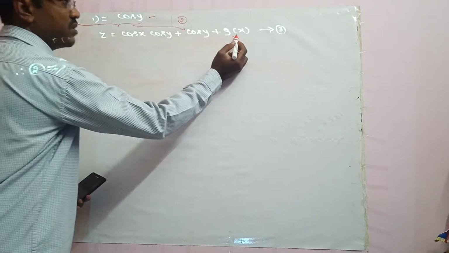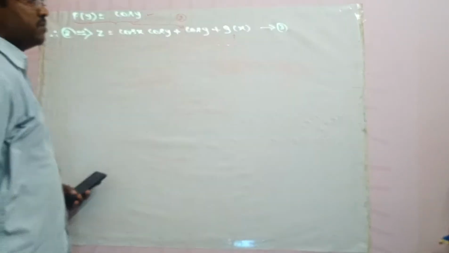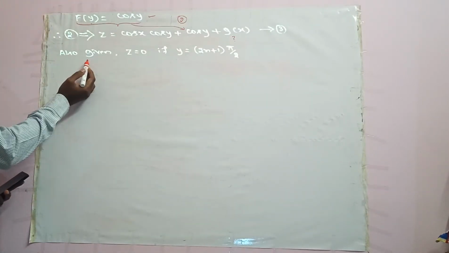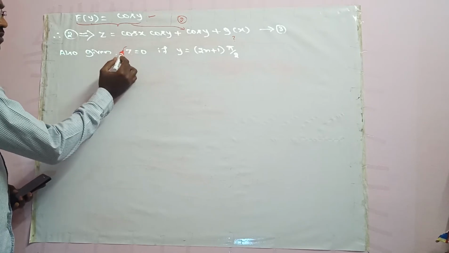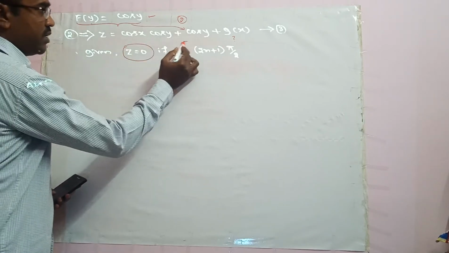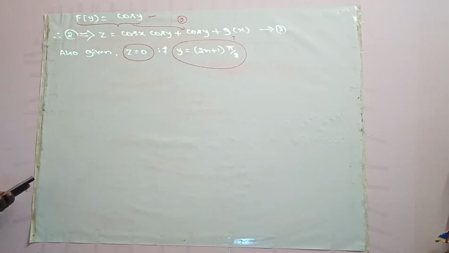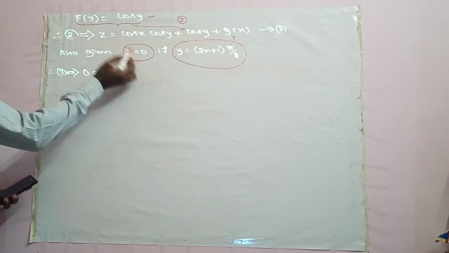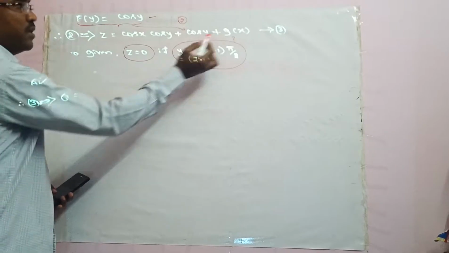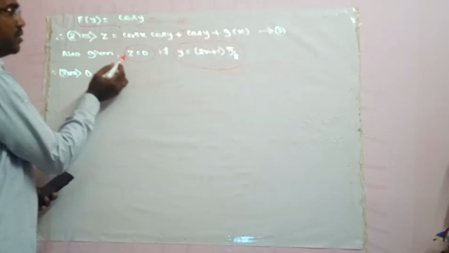To find g of x, let us use one more given condition. What is the other given condition? The value of z is 0 if y takes odd multiples of pi by 2. Let us put this condition in equation number 3 to find the value of g of x.